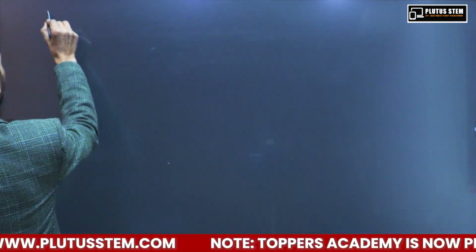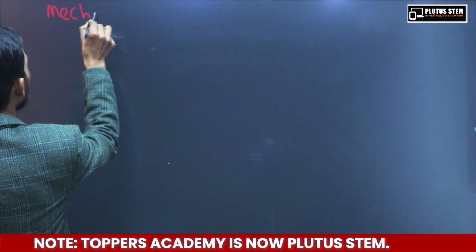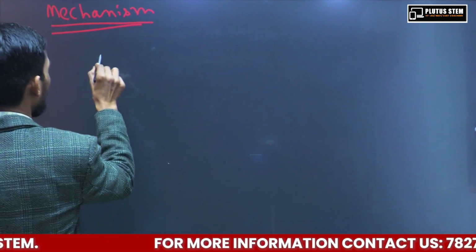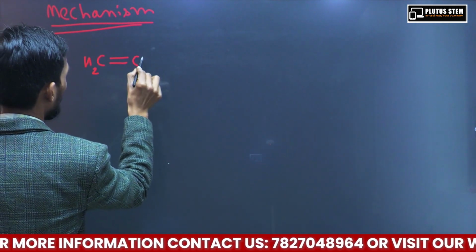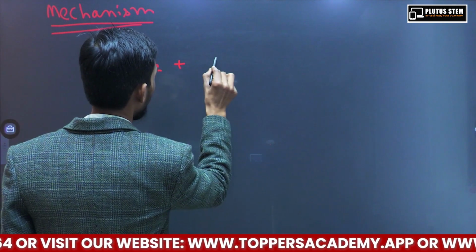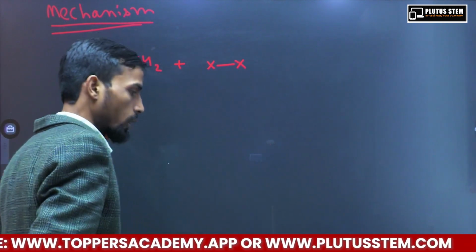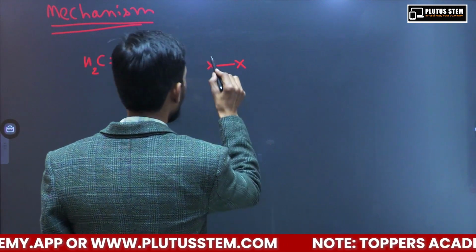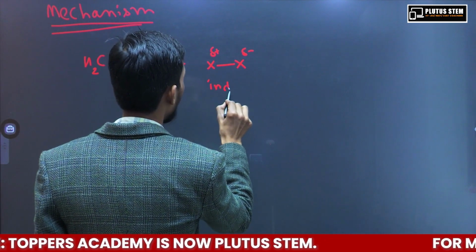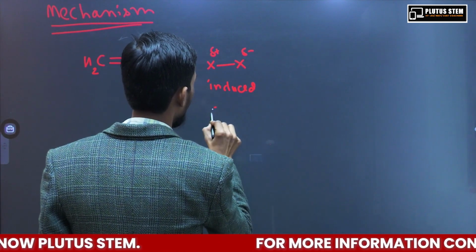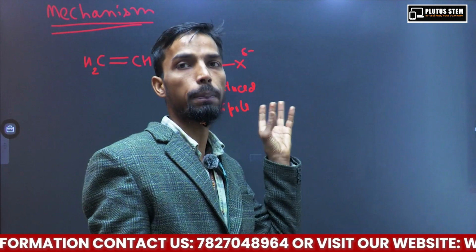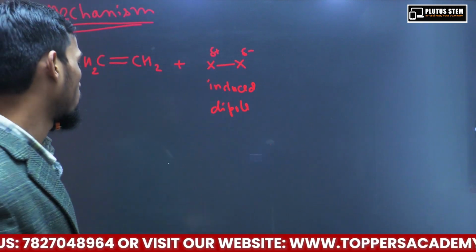For this we need to get into the depth, which means the mechanism. This is our alkene, C=C. When it reacts with X2, there is some induced dipole, due to which one X will be partially positive and the other partially negative.